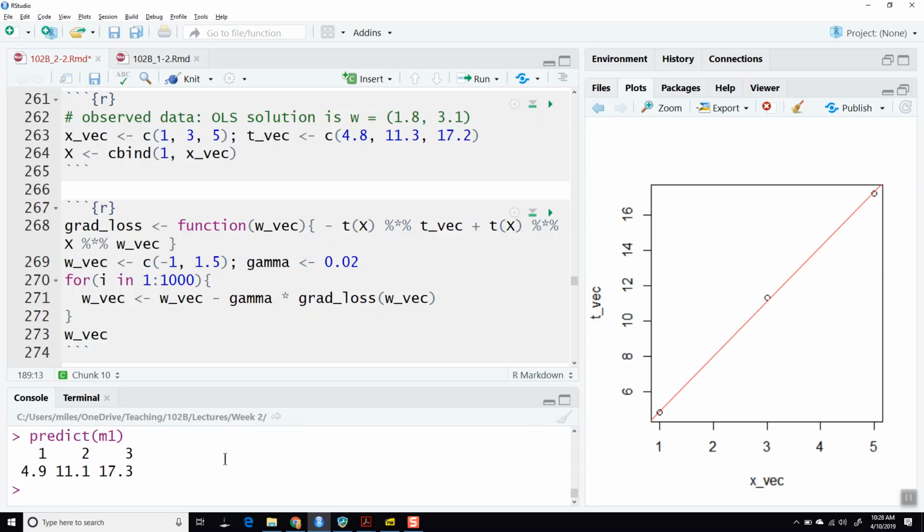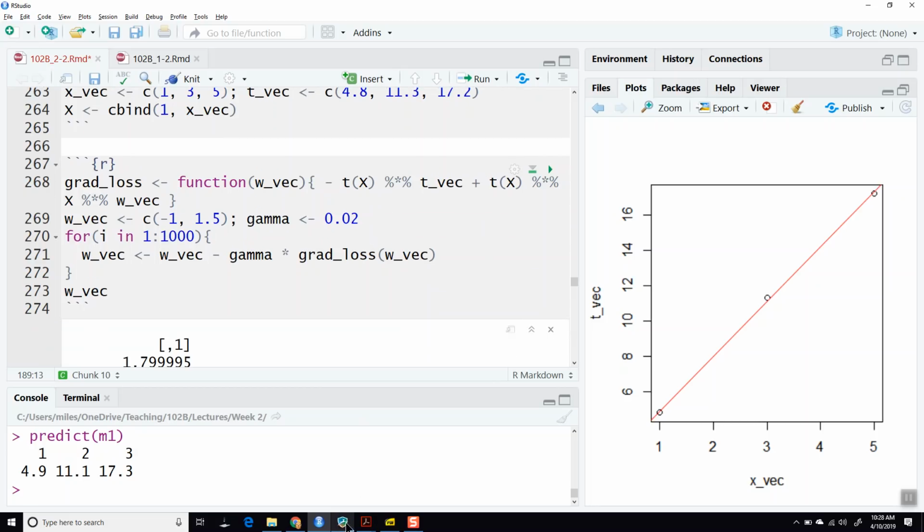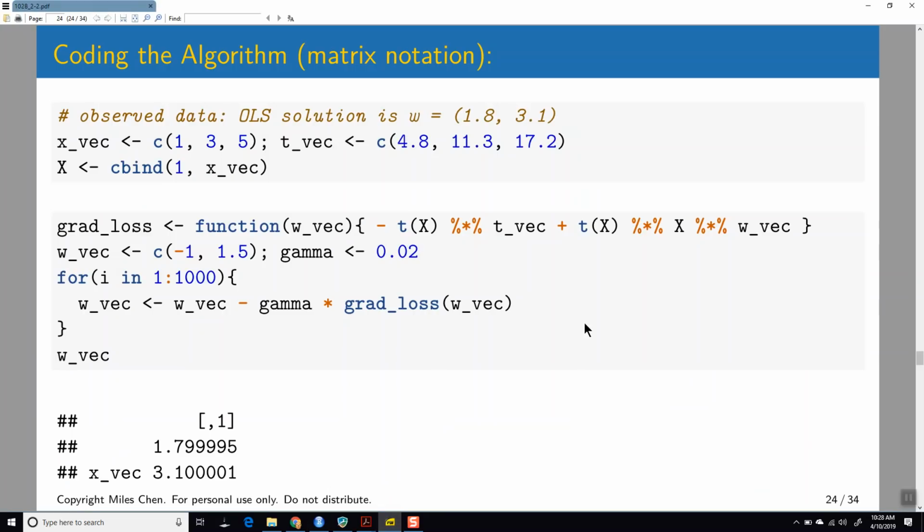The predictions are actually 4.9, 11.1, and 17.3. So we're off just by a tiny bit here, okay? And so for the gradient descent algorithm, I write a function that says compute the gradient of the loss function, okay? And this is going to be just a function of the W vector.